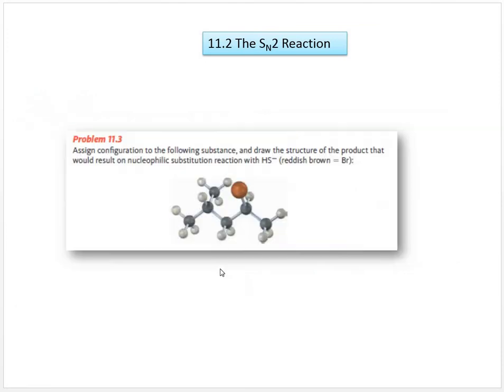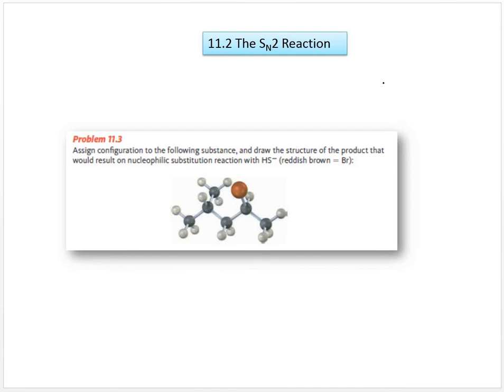Okay, let's move on. Let's solve a question related to SN2 reactions. Assign configuration to the following substance and draw the structure of the product that would result on nucleophilic substitution reaction with HS minus nucleophile. Let's say reddish brown is bromine.